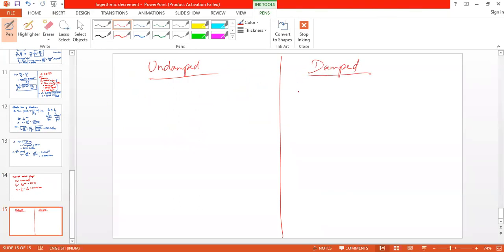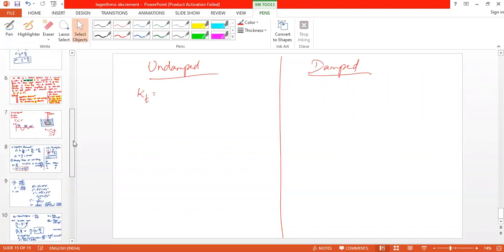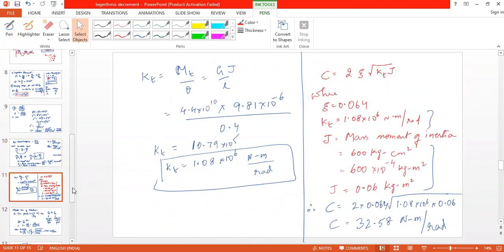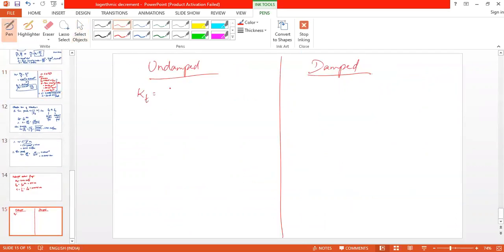We are just trying to differentiate the undamped and damped vibrating system. See here, the value of Kt, that is the torsional stiffness, is equal to 1.08 into 10 power 6 Newton meter per radian.